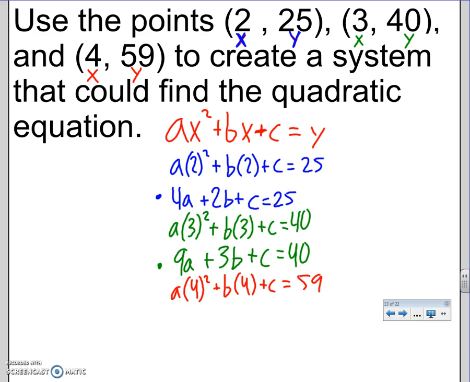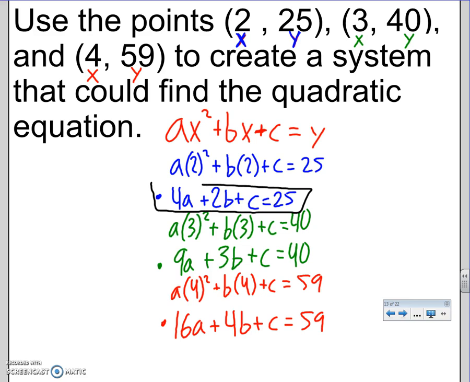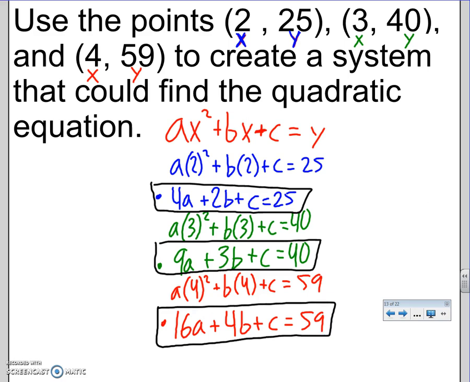Fix each one. 4 squared is 16, so 16a plus b times 4 is 4b plus 1c equals 59. They want all 3 of these together. So this equation, with this equation, with this equation. Notice that c always has a 1 in front of it, and that y number is always that last number on the side.